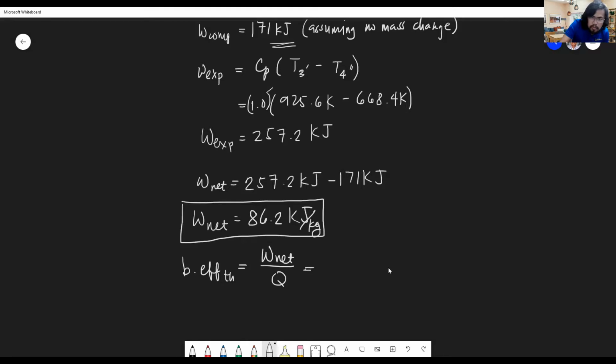So 86.2 kilojoules per kilogram divided by 466, it's a whole number.